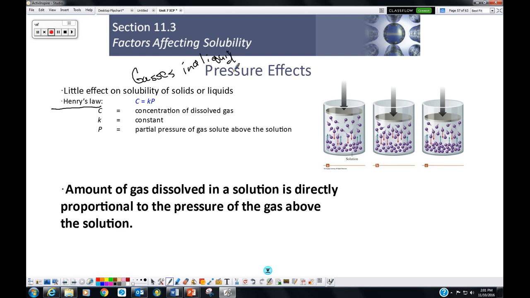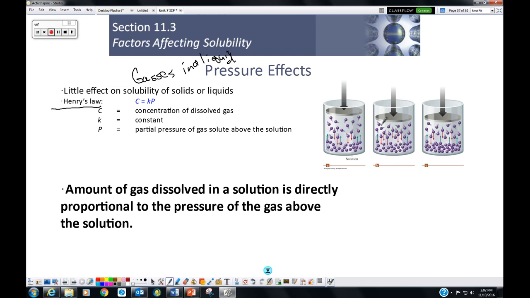Pressure really doesn't affect solids or liquids that much, but pressure really affects a gas. So if we're looking at these three containers, we have this gas over the surface of a liquid. As I increase the pressure in the container, what is the gas going to do?